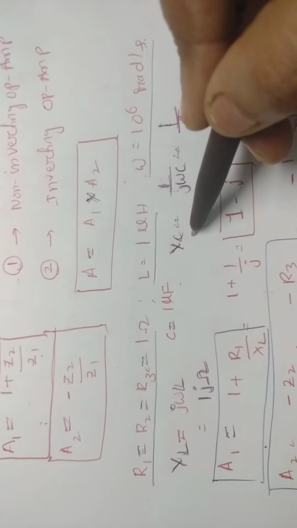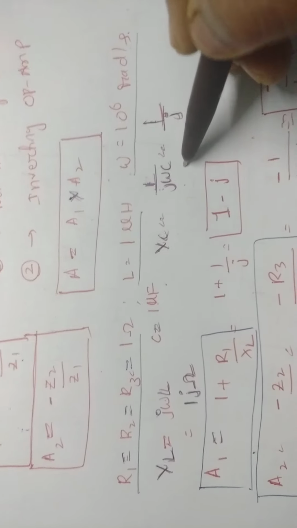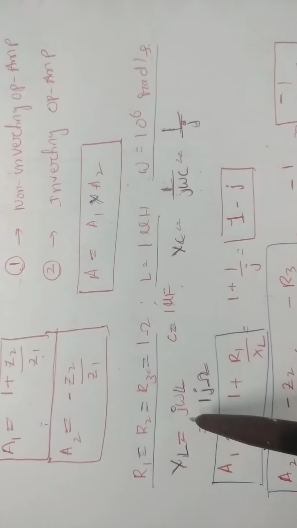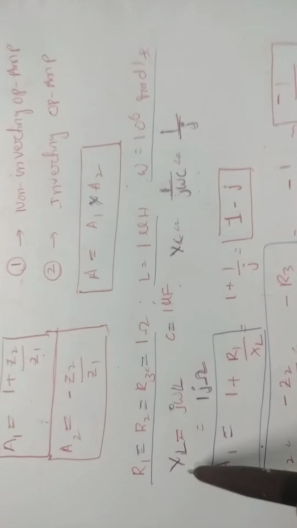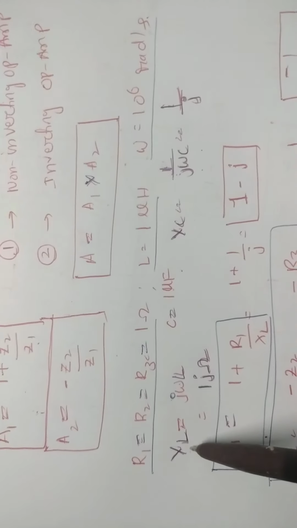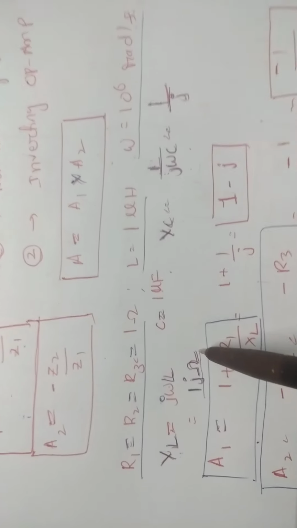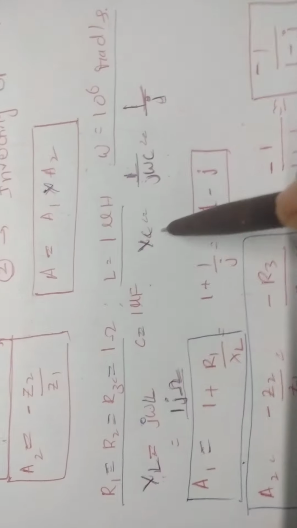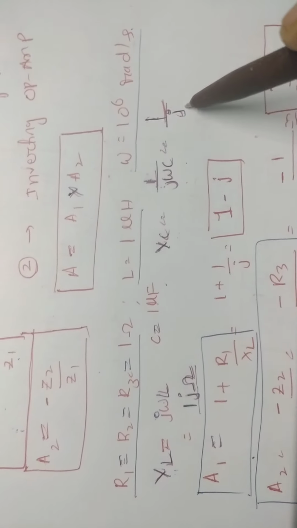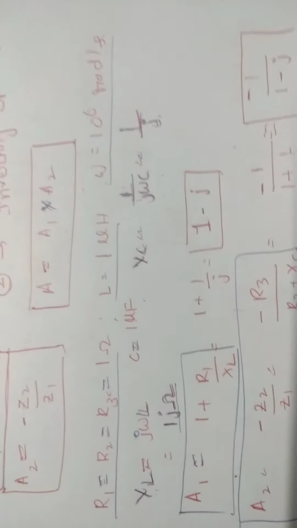XC is 1 by j omega C. Substituting these values, the inductive reactance XL is 1 j and the capacitive reactance is 1 by j omega C, that is 1 by j.